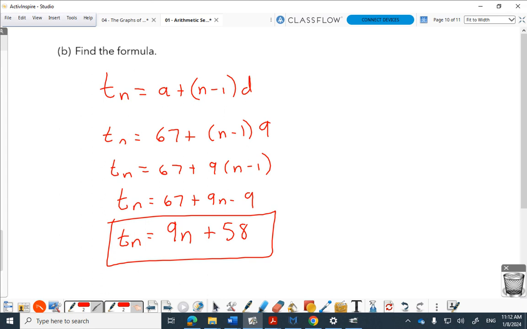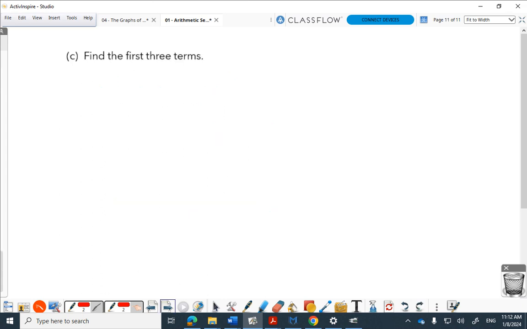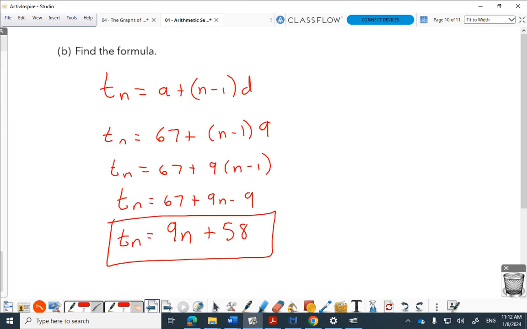What's the last question? Oh, find the first 3 terms. Now I'm rewinding back to the start of the lesson and showing you what's going on here. Let's go back and find the first 3 terms. Term 1. So what did I find? Tn equals 9n plus 58.